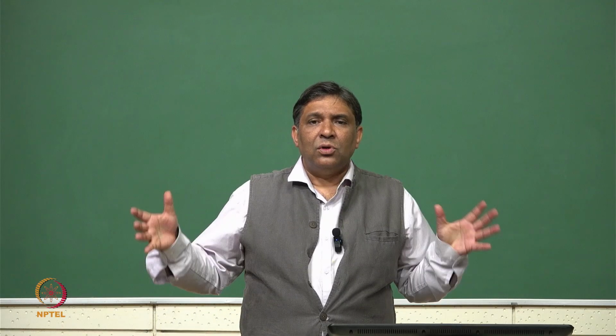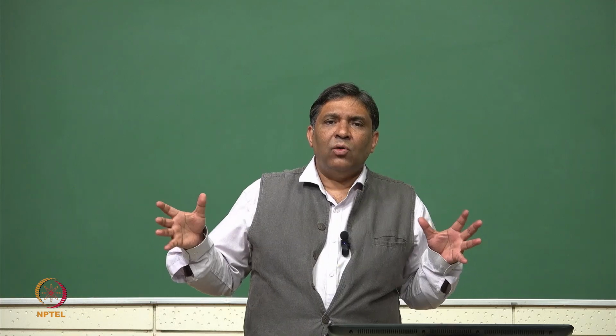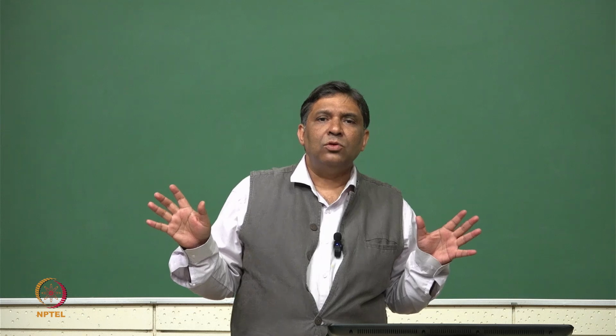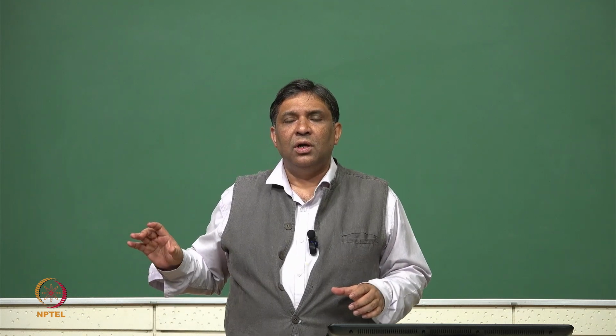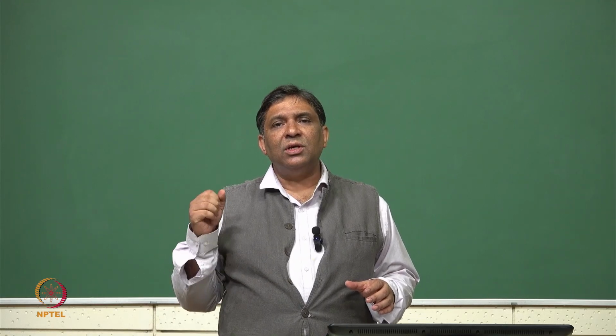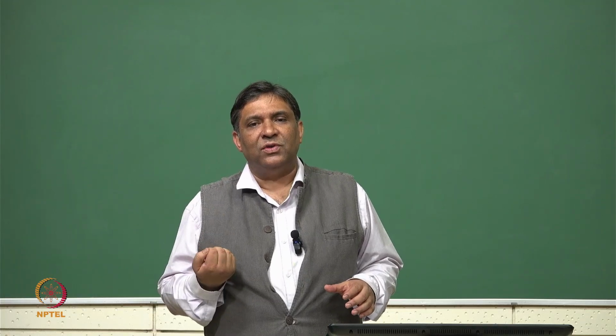The entire idea is that now I want to change my battery. What I want to do is place an electrode in a manner that the electrode has the capability of accepting the intercalating species.